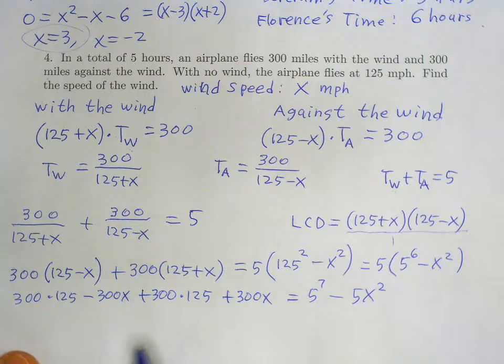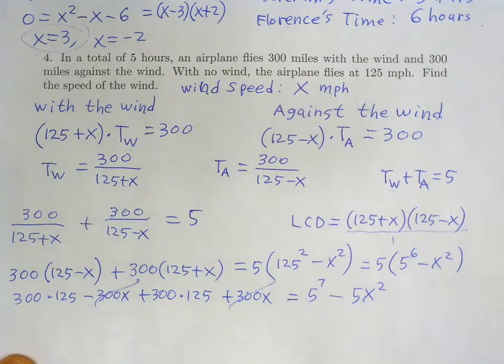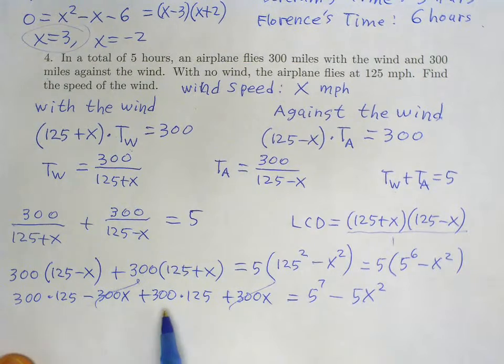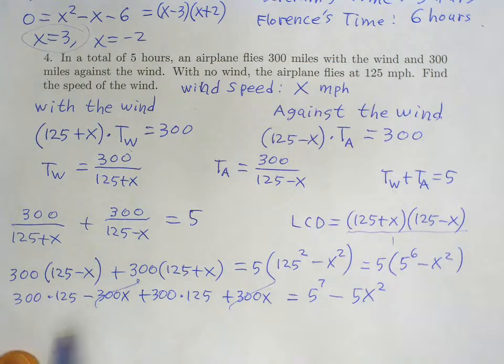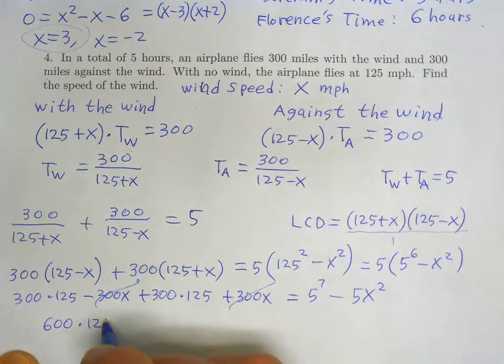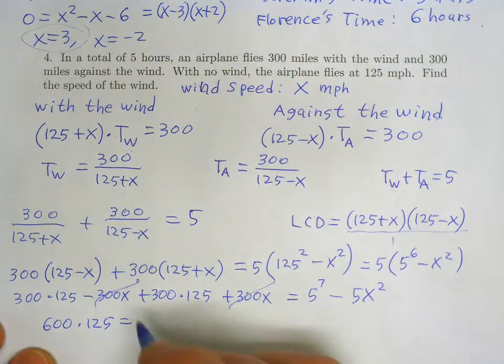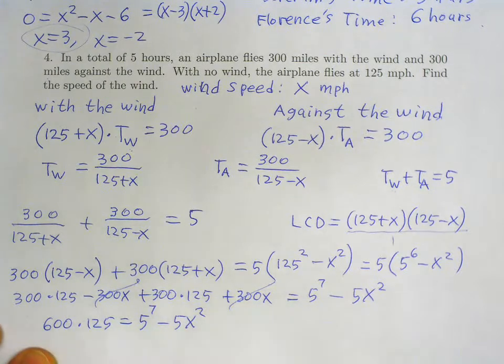But notice over here the x terms cancel each other out. The minus 300x and the plus 300x cancel each other out. And then we're just left with 300 times 125 plus 300 times 125. So I get 2 times 300 times 125, and I can write that as 600 times 125 equals 5 to the seventh minus 5x to the second.